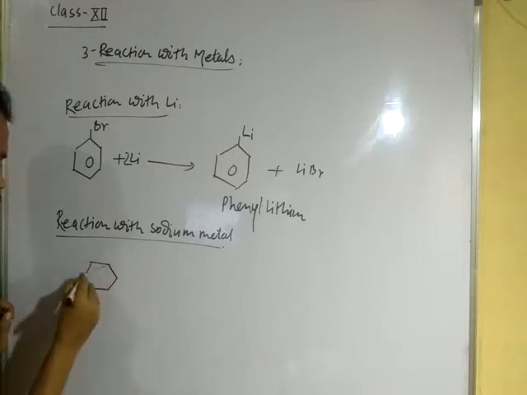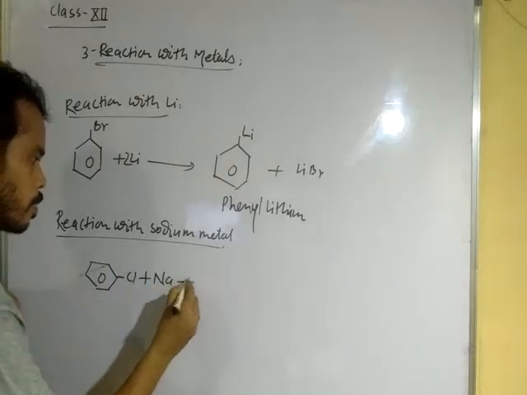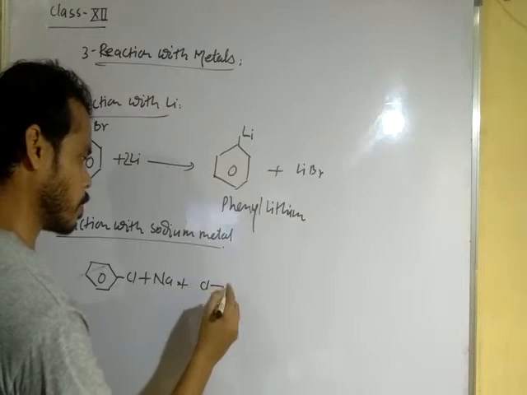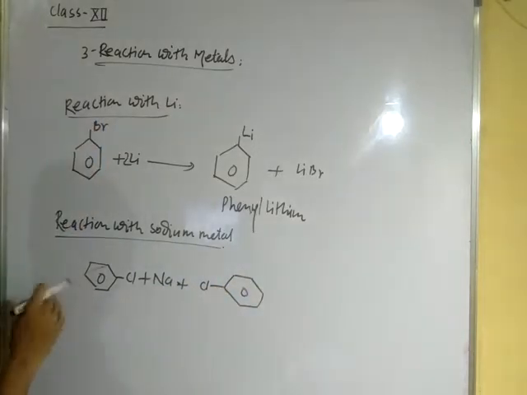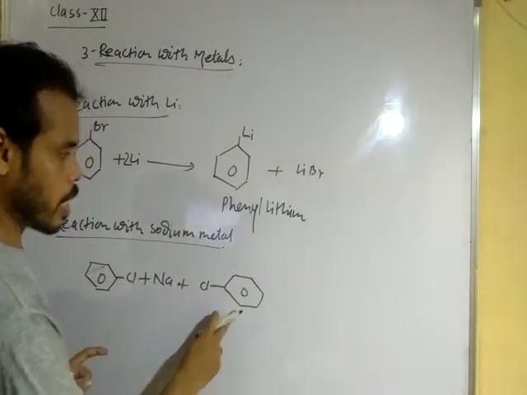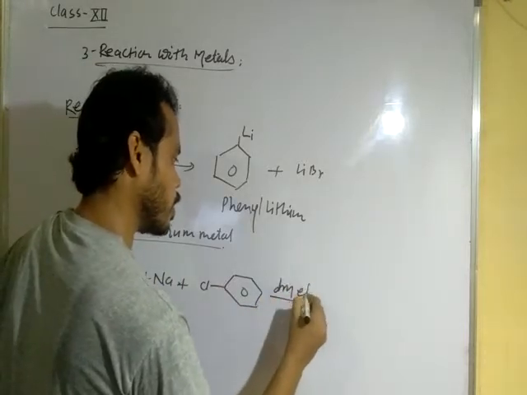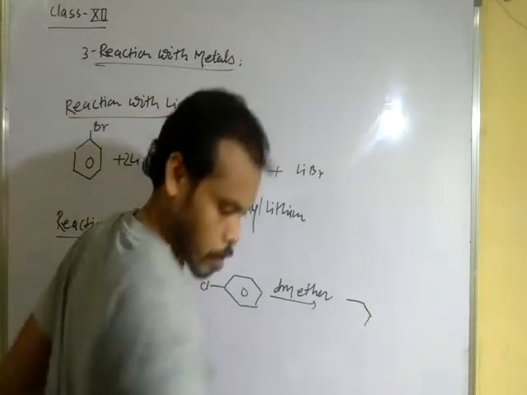You can arrange that when chlorobenzene reacts with sodium, the same condition, chlorobenzene, that means you can write 2 molecules here. In the presence of dry ether, it forms diphenyl.